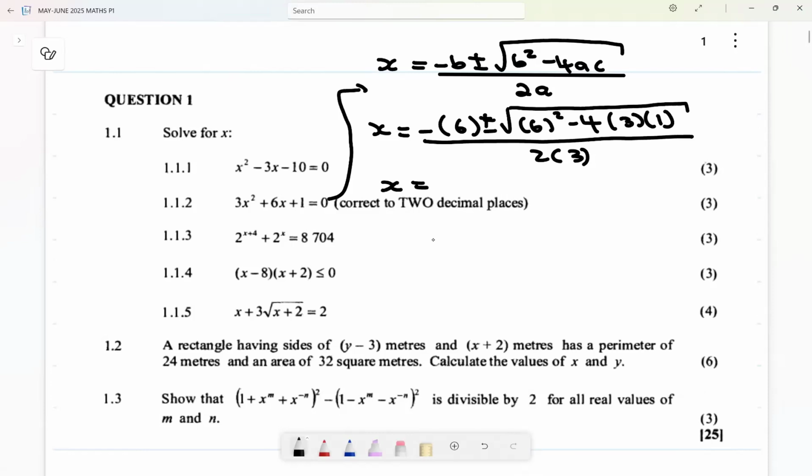x is equal to negative b plus or minus the square root of b squared minus 4 times a, which is 3, times c, which is 1, divided by 2 times 6. Hopefully I did not make any mistake, guys.